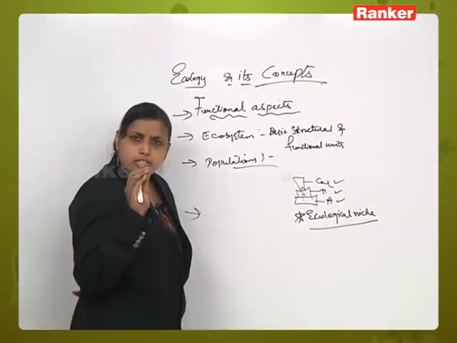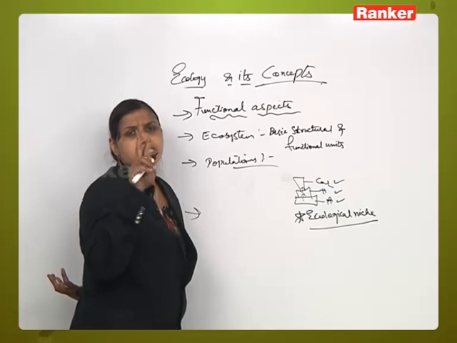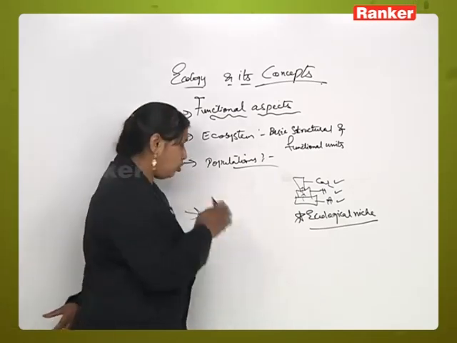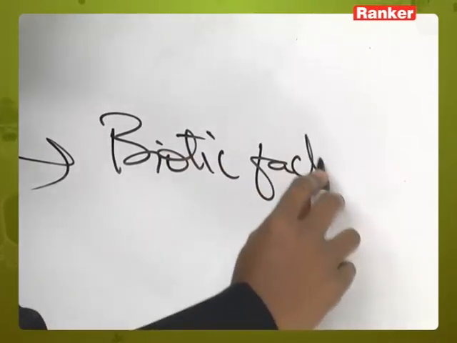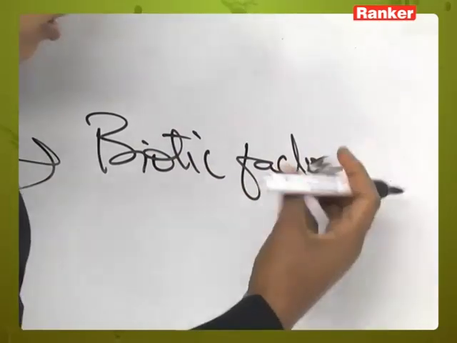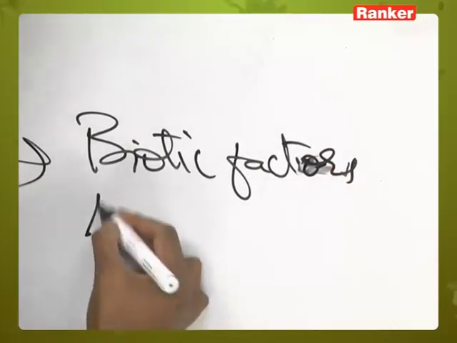Next, the degree of success of a particular population is determined on the basis of two factors: biotic factors and abiotic factors.